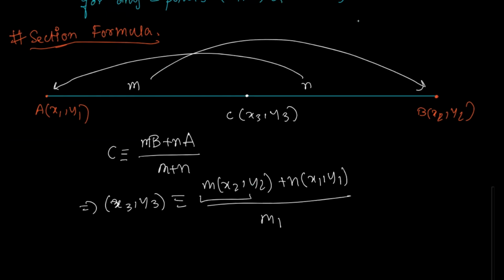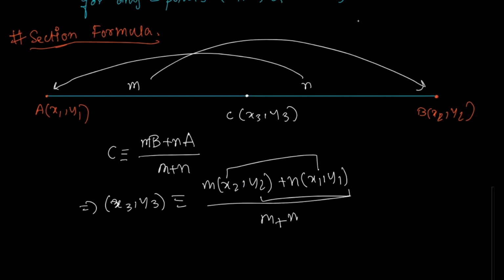You have most probably not done it. In a vector, only the same directions can be added. You know the basics of vectors. Therefore, we can add only the x direction with the x direction, then the y direction with the y direction. Simple, quick, easy. Yes, m plus n it should be. So this is the section formula. We'll do the proof later on in our next class.